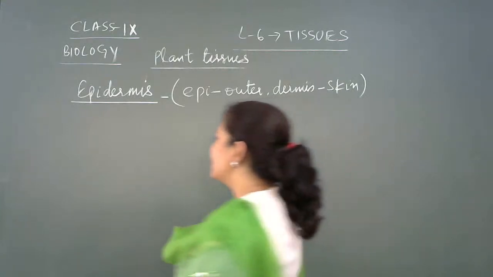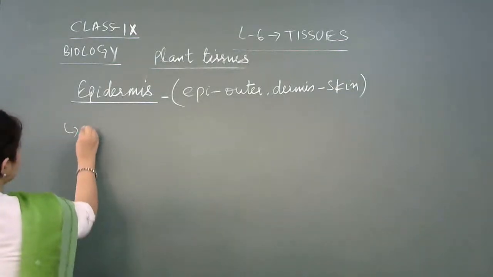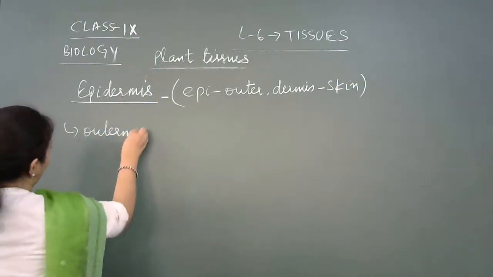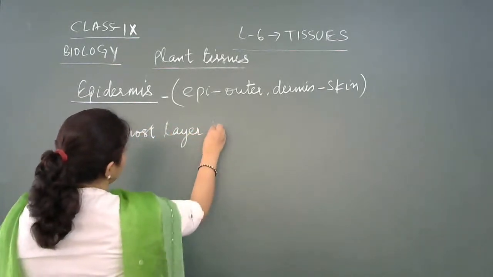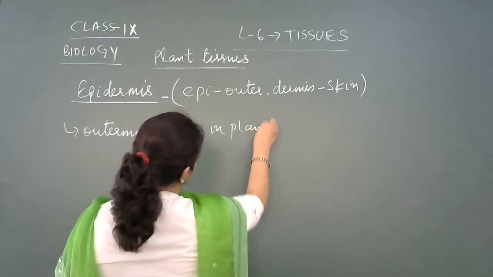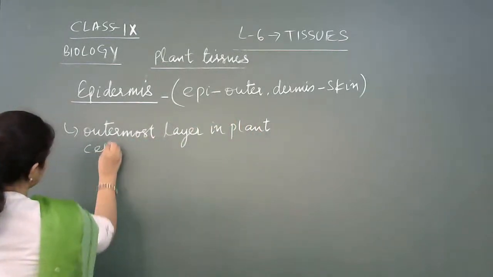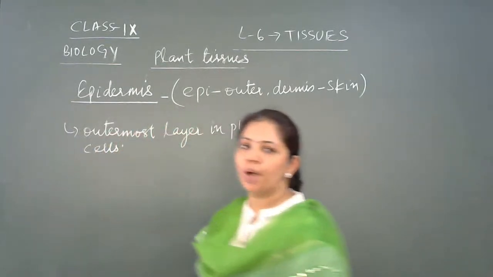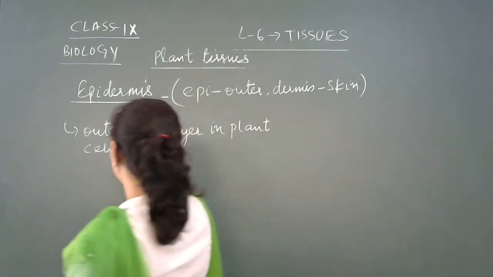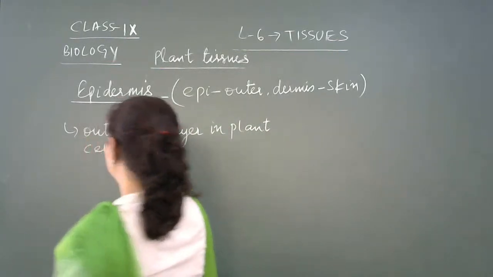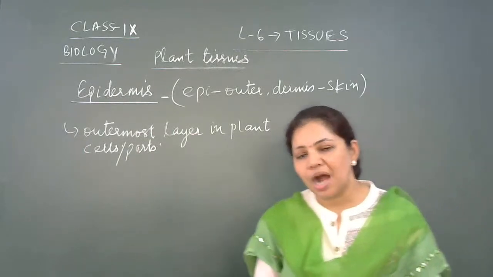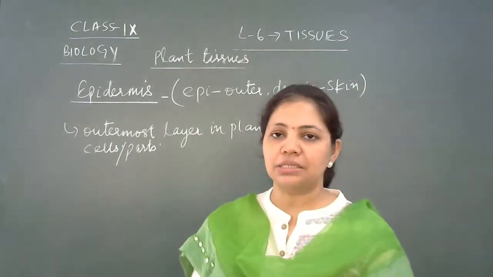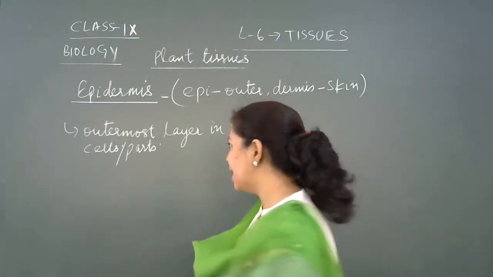Okay, so we say that epidermis is the outermost layer in most of the plant parts. Yes, the outermost layer in parts of the plant is known as the epidermis, right?